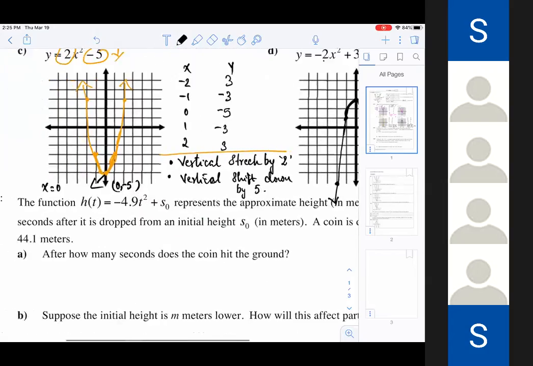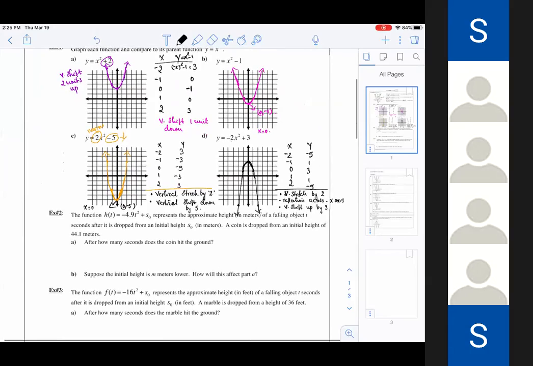Okay, let's get into that word problem. Just read it.